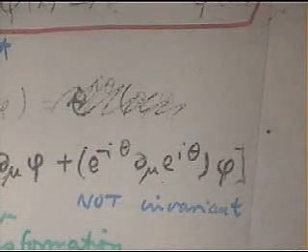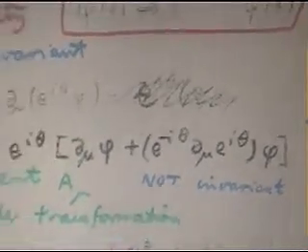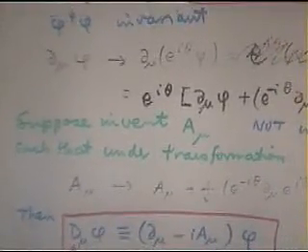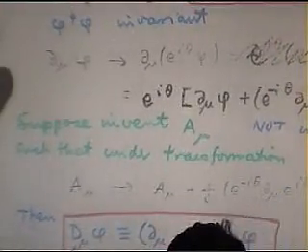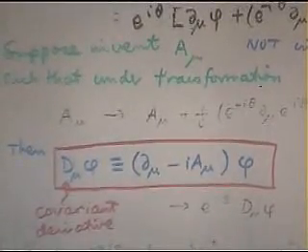Remember that last time on Friday, we discussed this point carefully, that it was crucial that we were able to move the derivative past the field transformation. So it's not invariant. So how do we make it invariant? Suppose we invent a field, A mu, a vector field with a Lorentz index mu, such that under transformation, A mu goes to this.